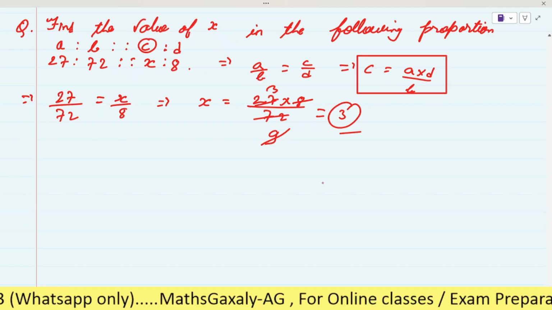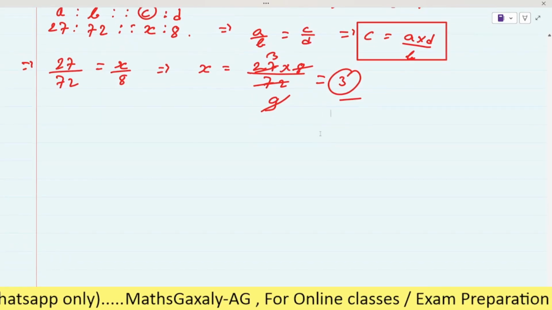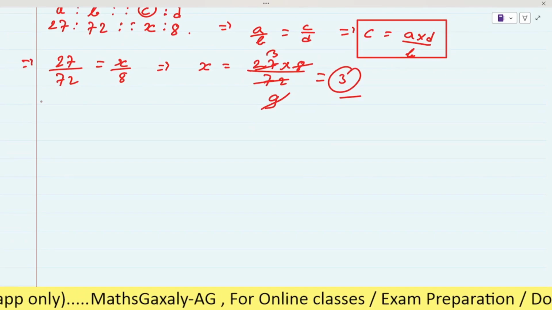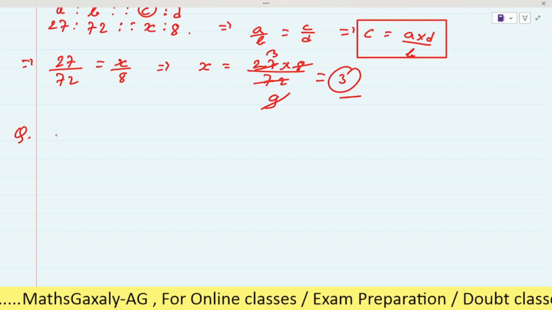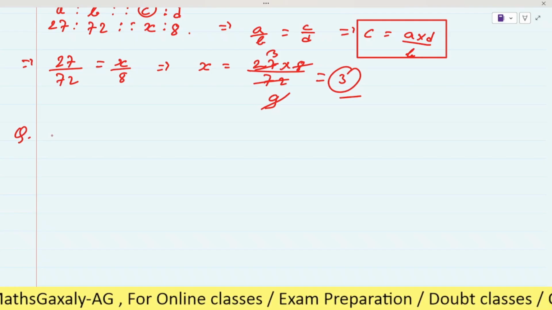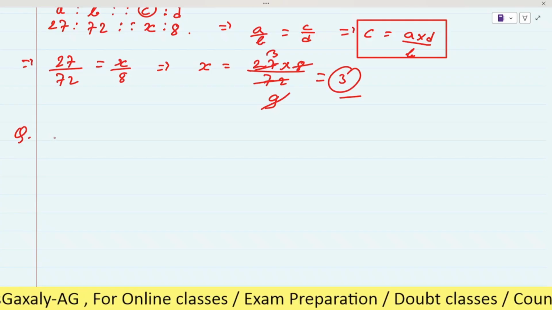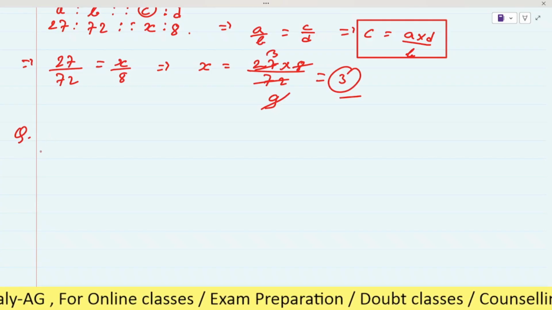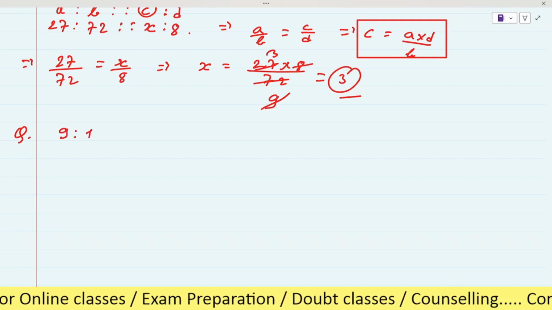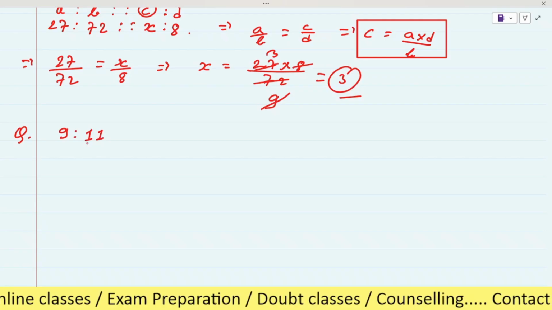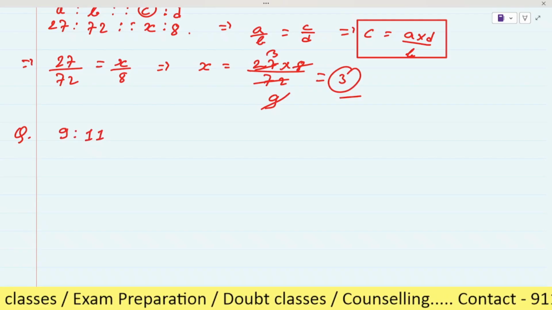Let's try 2, 3 more questions, so that your concept will be more clear. Please write a question. Two numbers are in the ratio 9 is to 11.